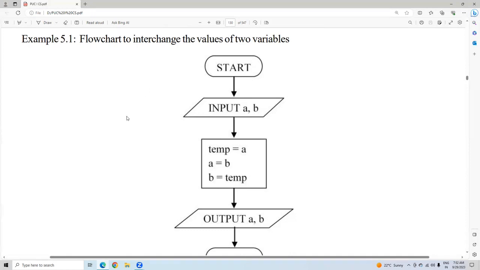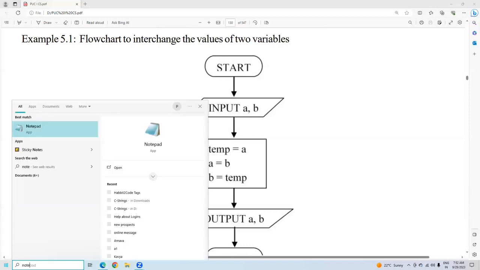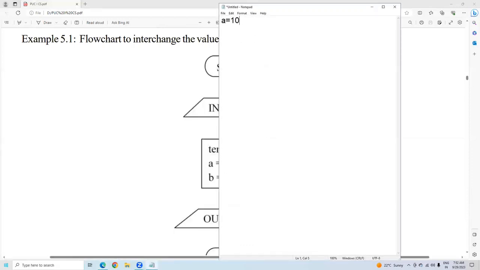What is the meaning of interchanging the values of 2 variables? Suppose A has 10 and B has 20. These are inputs. My output should be reversed: A should get the value of B, B should get the value of A. This is called interchange.